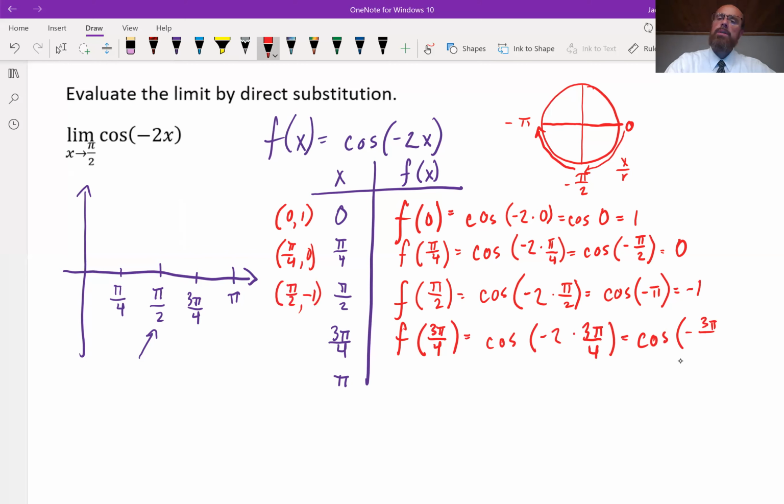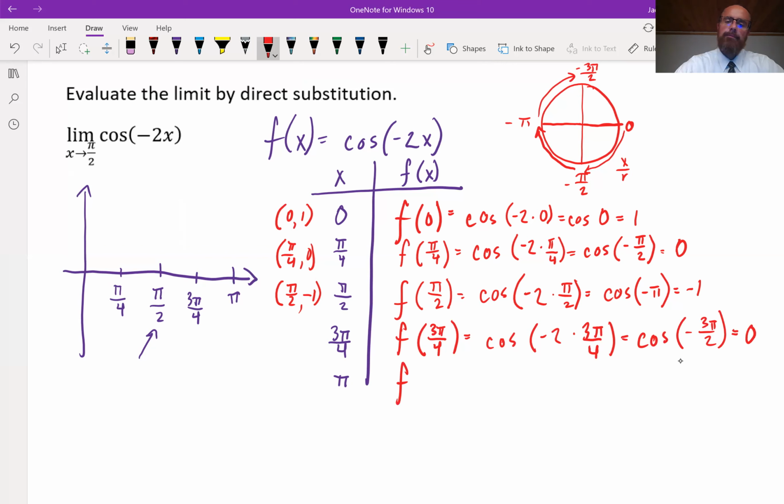No surprises. We're back up a quarter turn, and that again is 0. Anytime we're at the y-axis, the cosine x value is 0. So you can see this oscillation: 1, 0, negative 1, 0. Can you predict what the next one will be?